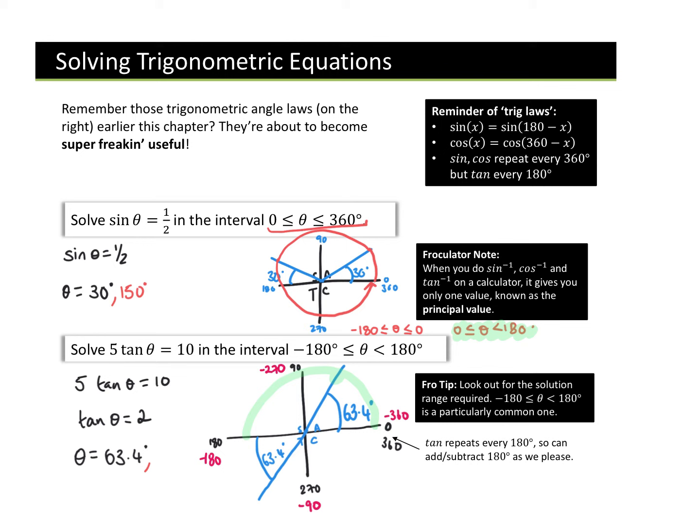So if we go clockwise, it's negative. Now I want the interval between minus 180 and 0. So where am I looking? Between 0, minus 90 and minus 180. I have found an intersection here. How do I find this number? This number is in fact minus 180 plus 63.4.